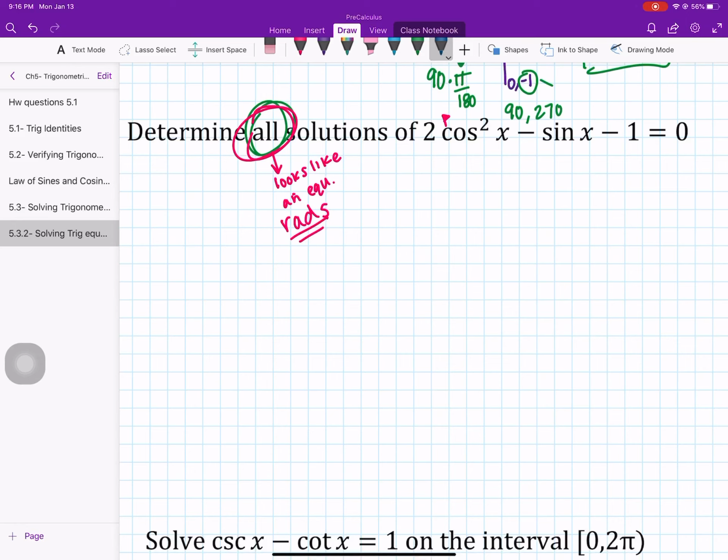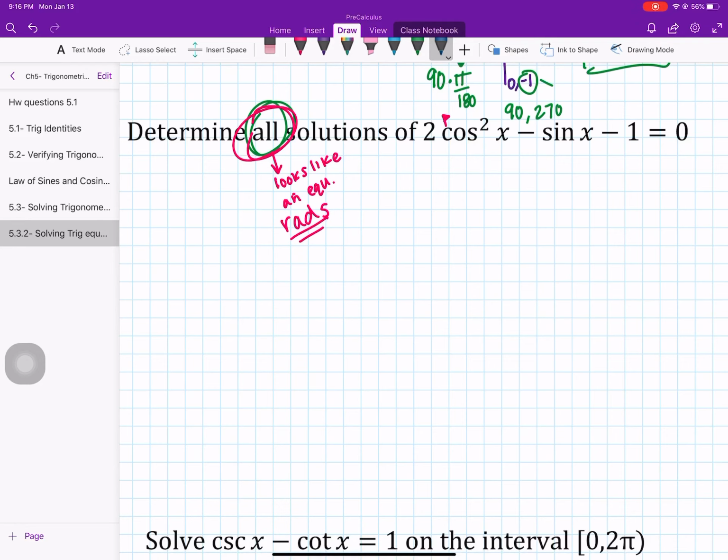Some of the factoring problems that we've done, we've been able to factor out a trig function so that we are just working with one at a time. In this case, we don't really have that. We have cosine squared of x, and then we have sine of x. So this means that I'm going to have to do some kind of substitution in order to get my equations to have all the same trig function.